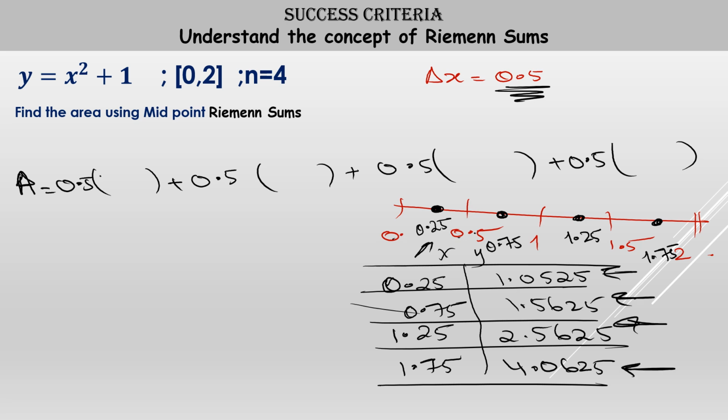So it is 1.0525, 1.5625, 2.5625, 4.0625. Do not round off at all, because they are only 4 digits, so no need to round, otherwise the margin of error will be increased. Now pause the video and try to calculate it.